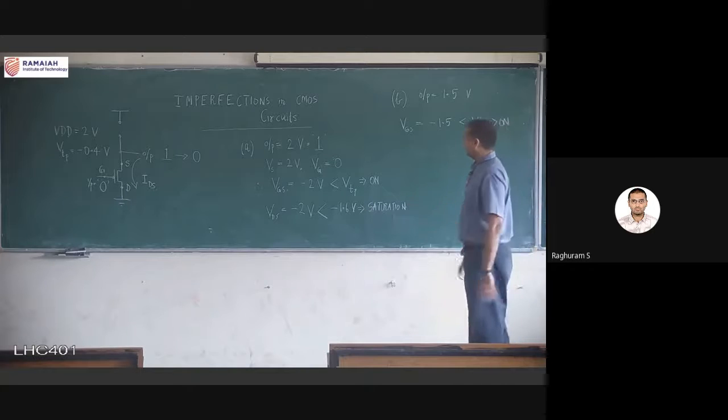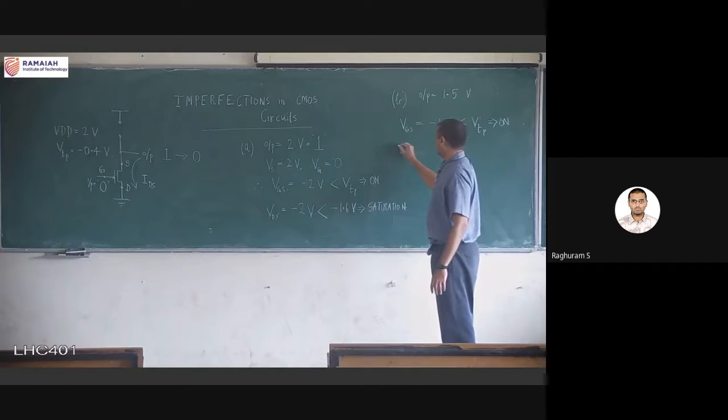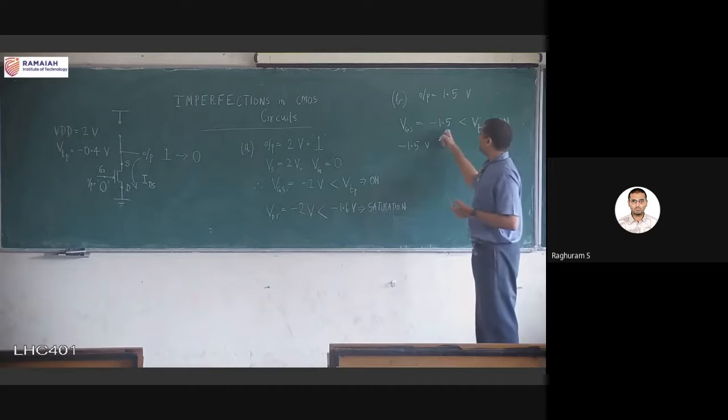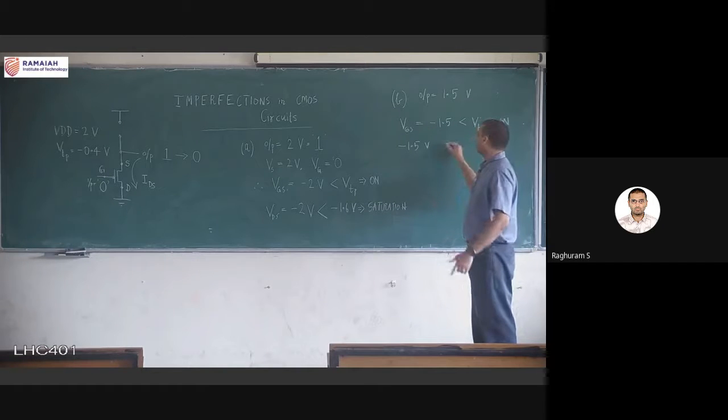And we can do the same thing also. What is the region of operation? VDS is now minus 1.5 volts and VGS minus VT. VGS is minus 1.5, VGS minus VT is minus 1.5 plus 0.4, so that is minus 1.1.